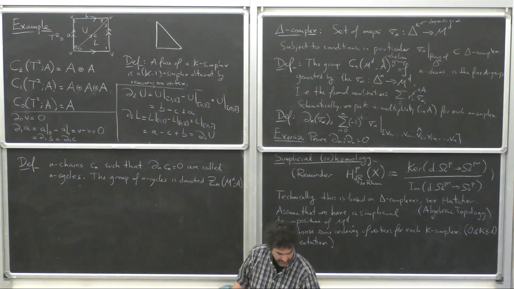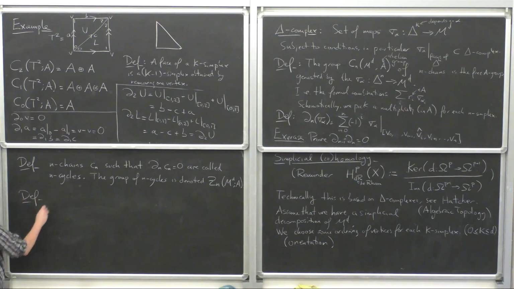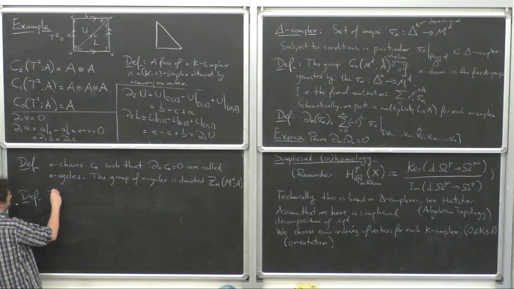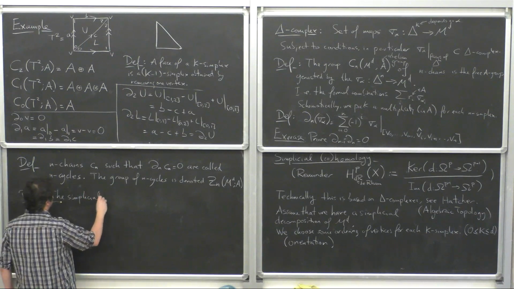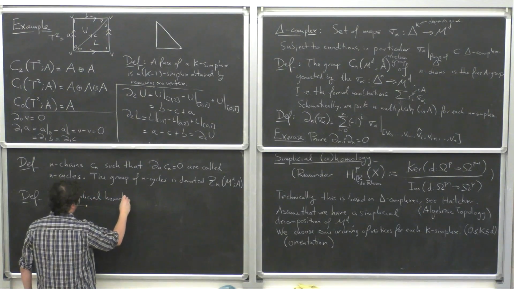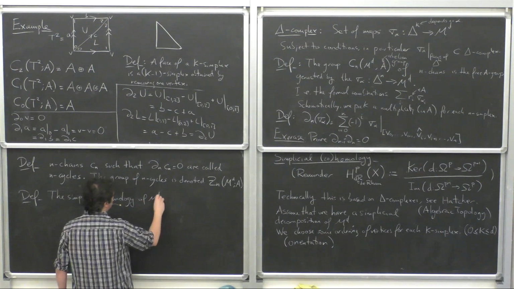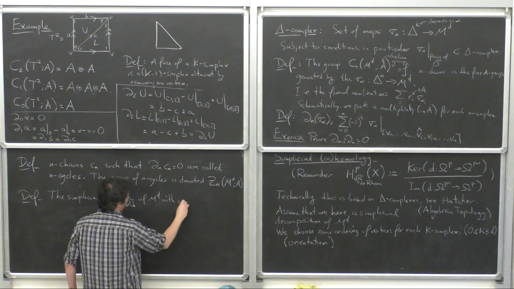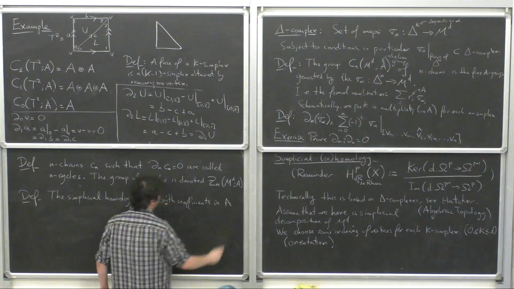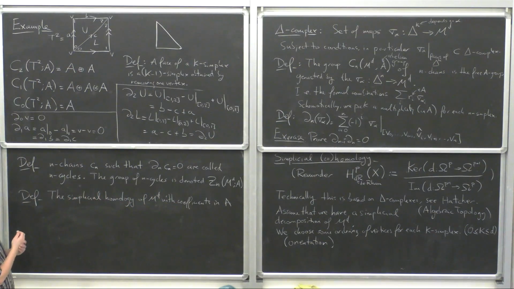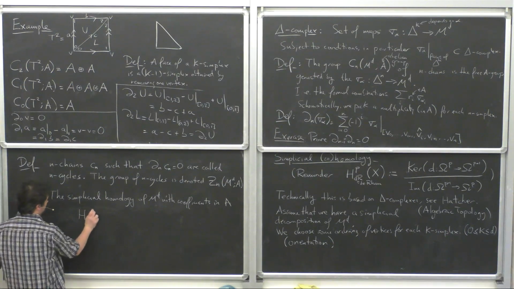Okay, so I can finally define simplicial homology. So the full name for what I'm going to write is simplicial homology with coefficients in A, but of course that's very long, so I'll write something like this.